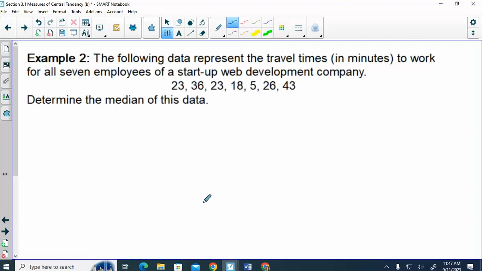All right, so from the same data, if I wanted the median, I have to put them in order. My smallest is 5, 18, 23, 23.